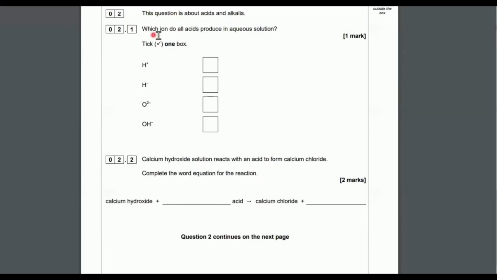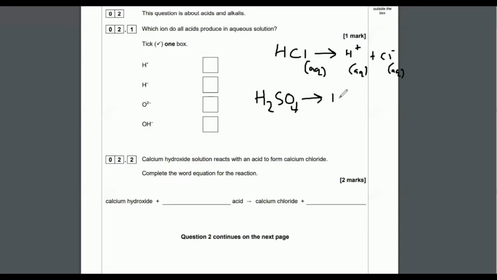This question's about acids and alkalis. Which ion do all acids produce in aqueous solution? So every acid, like hydrogen chloride, if you dissolve it in water, it will be aqueous. It will dissociate into H+ ions and chloride ions. So what ion would we expect all acids to contain? We'll take this second acid. This is sulfuric acid, H2SO4.